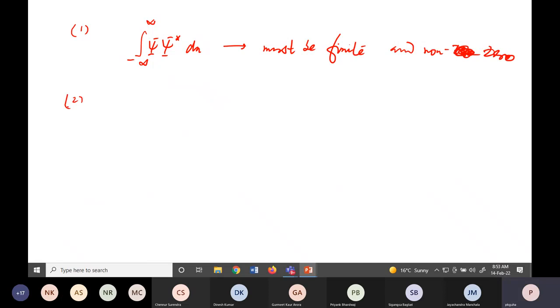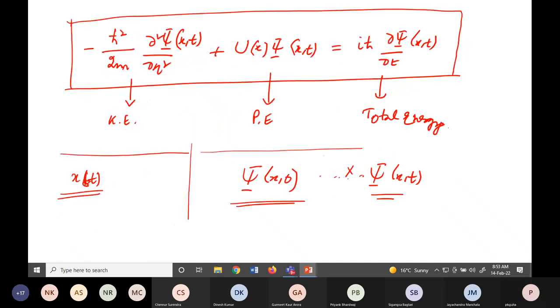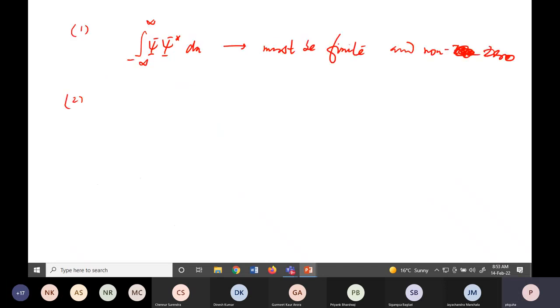Another thing is, in the Schrodinger equation there is the term del 2 psi del x2. So what it means is that psi and del psi del x must be continuous, psi of x and t must be continuous.